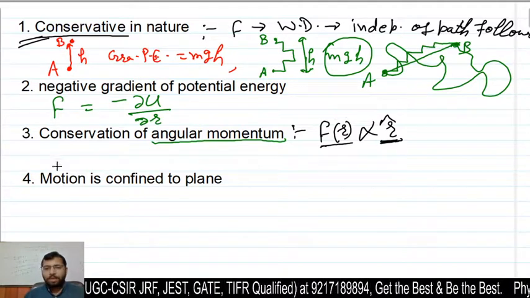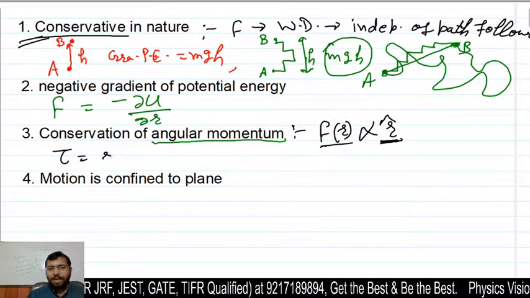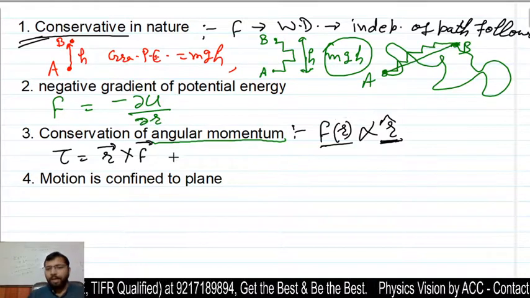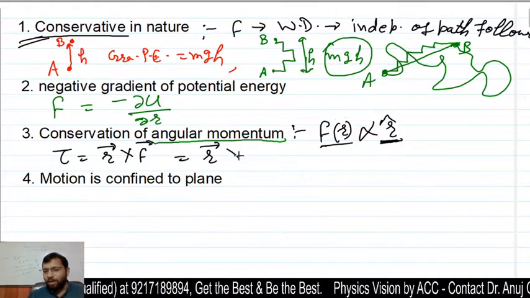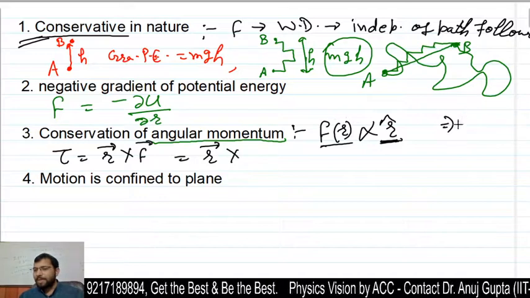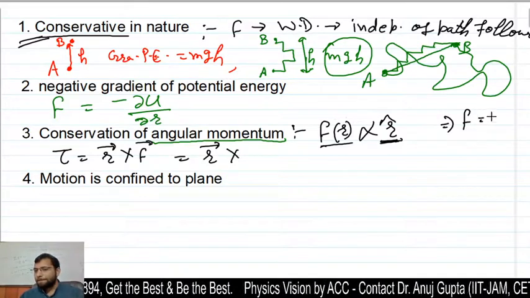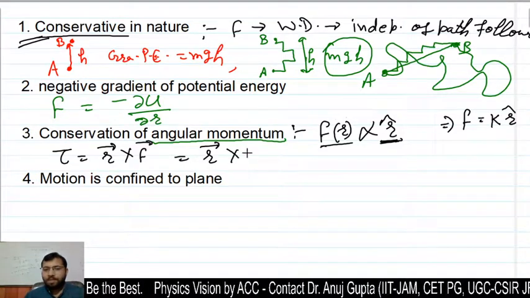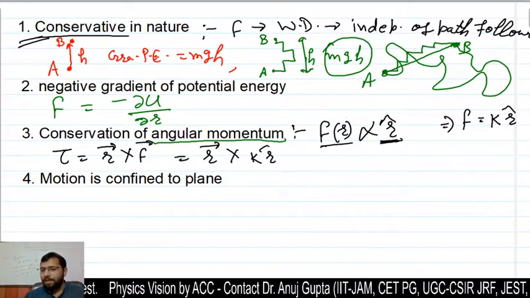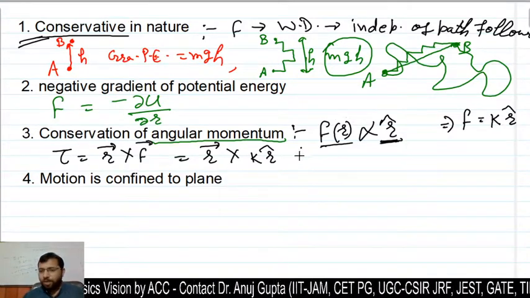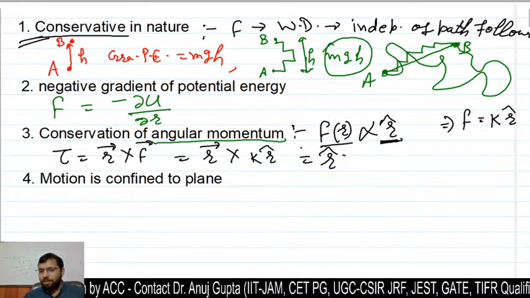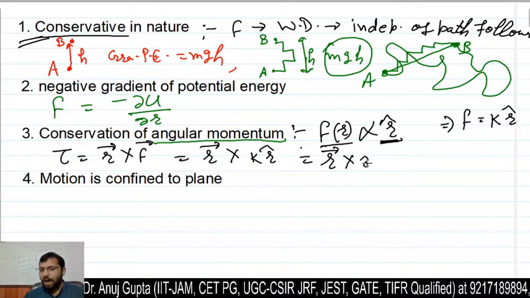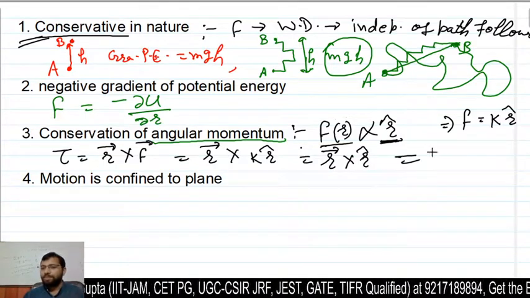Okay, and what is the torque? Formula for torque is given by r cross F. How do we calculate torque? Using this formula. And what will be its value? r cross F, let's say I am taking this force equal to some K multiplied with this direction. So the product of these two, r vector cross r cap, is 0.